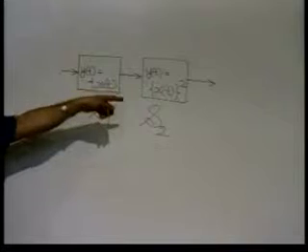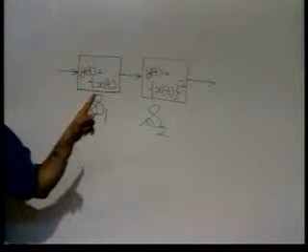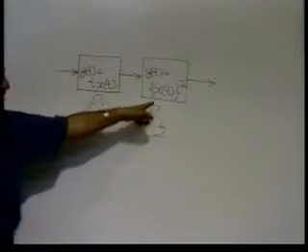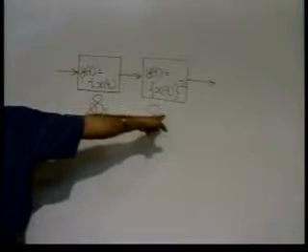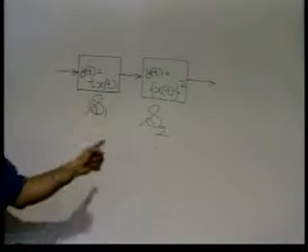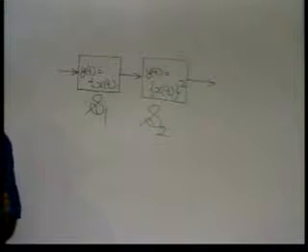Now we ask ourselves, will it be acceptable to interchange the order? First, let's reason out whether these systems are linear and shift invariant. Well, it's very clear that this system is not linear. It is shift invariant, right? On the other hand, this system is linear but not shift invariant, and we've cascaded them.